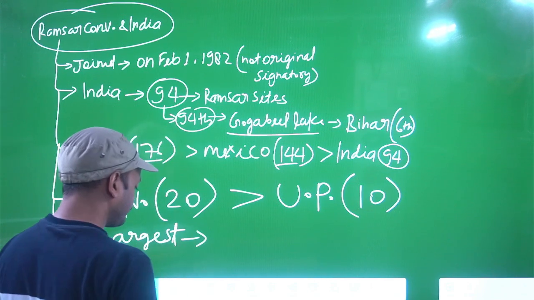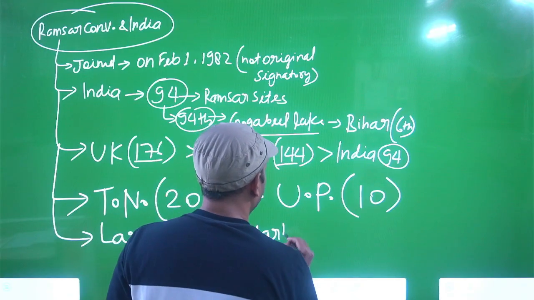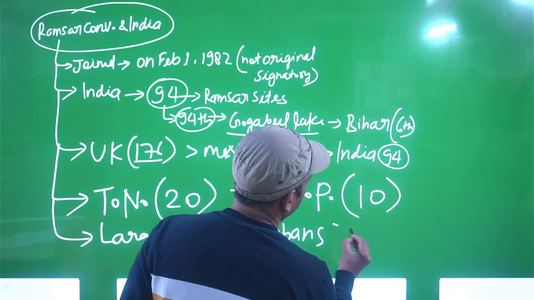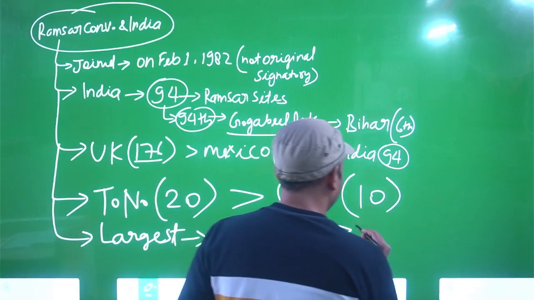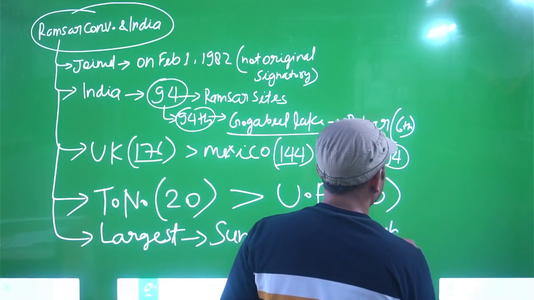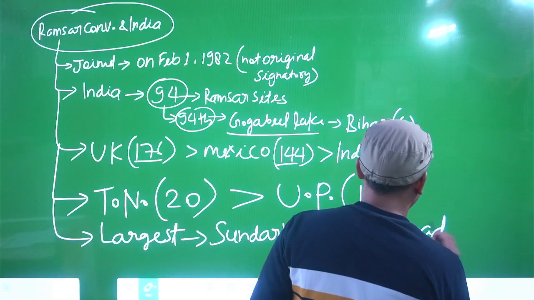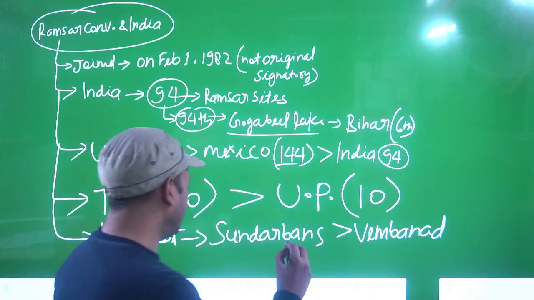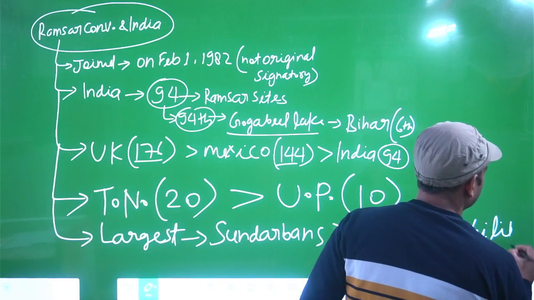Now, if we talk about the largest wetlands in India, then we see Sundarbans of West Bengal. Sundarbans of West Bengal is the largest wetland, followed by Vembanad Lake in Kerala, and then Chilka in Odisha.